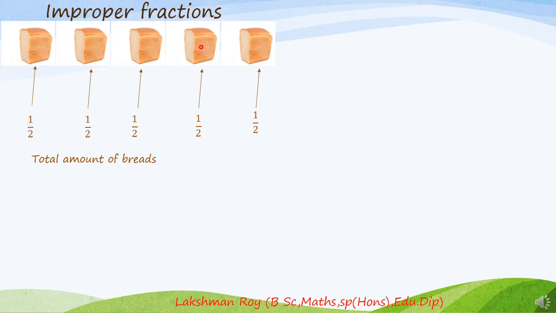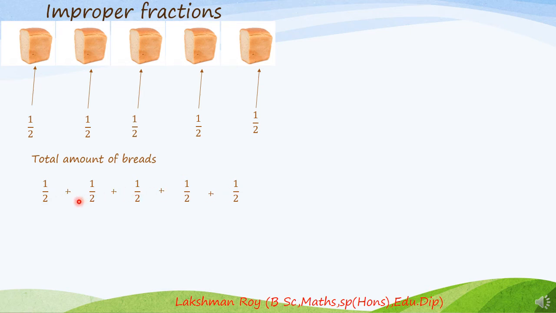Here 1, 2, 3, 4, 5, that is 5 halves. So we have 5 unit fractions, and we have to add those 5 fractions.